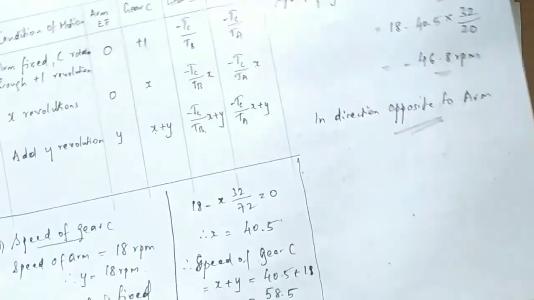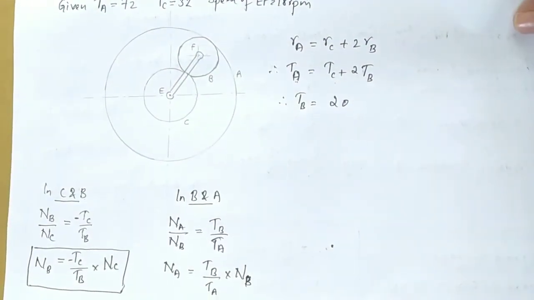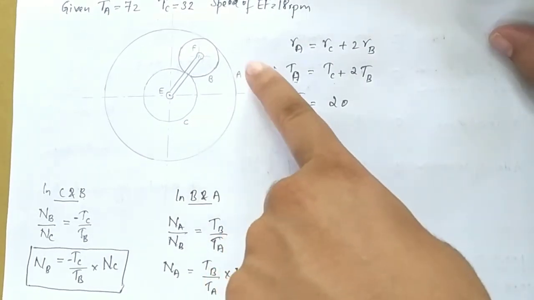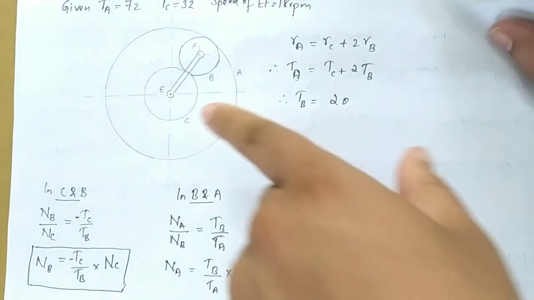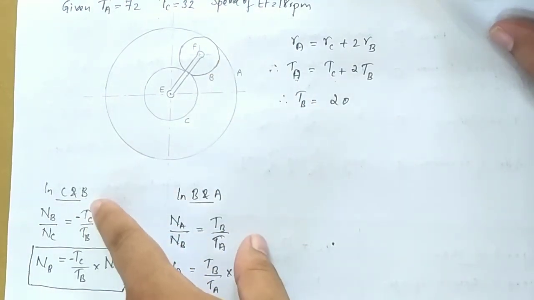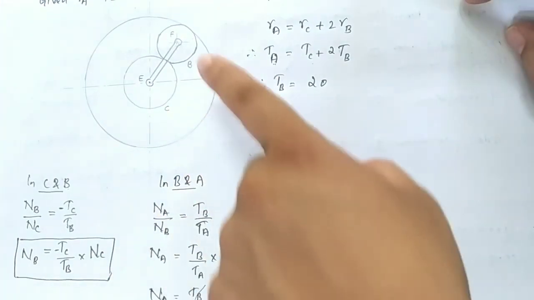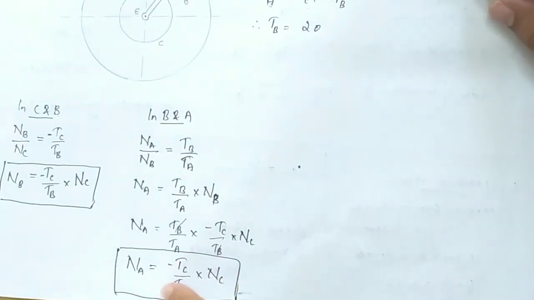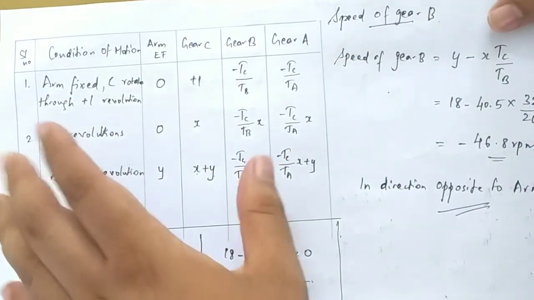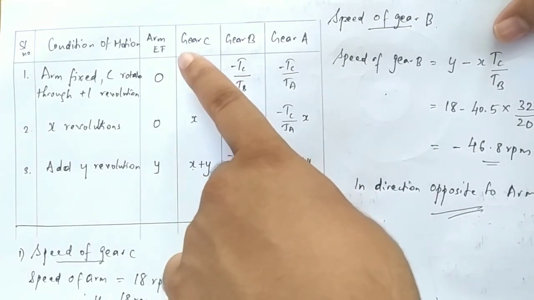So again I will tell you what you have to write. First of all, if you have a diagram like this, you need to take either from center to out or outside to inside. Here I am taking the sun as the inside thing. From the sun to outside I am taking C and B. C is meshing externally with B, so you get a speed ratio. Similarly, B is meshing internally with A, so for B and A again you get a speed ratio. Now you will construct the table. There is some nomenclature: start with the arm, then inside to out.